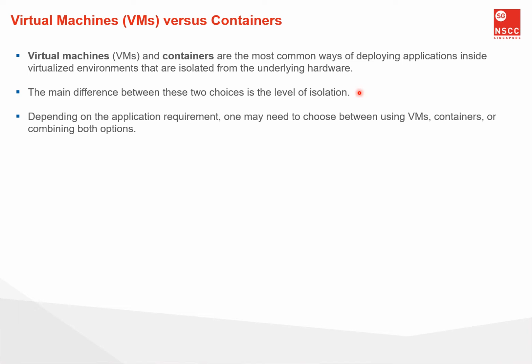The level of isolation is much more for virtual machines, but because of the additional isolation, we also have additional complexity, and more of the hardware resources are used up just to support this isolation rather than doing actual useful work.